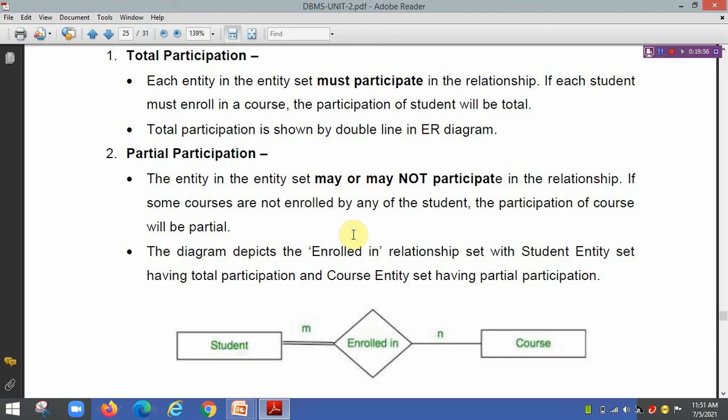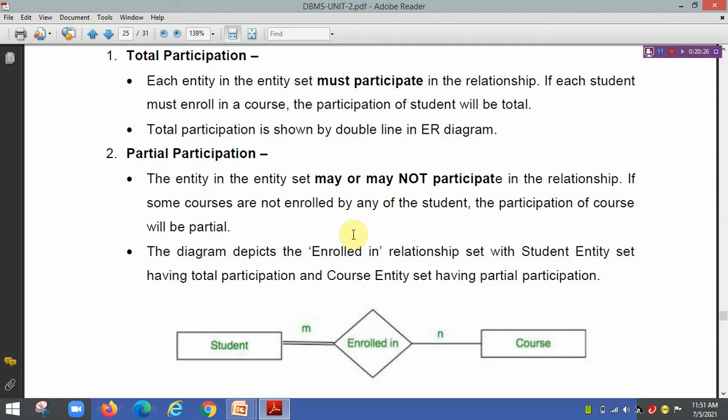Just like in your college, the CDTP course and the Tally course are not compulsory courses. If you want to join, then you can enroll. If you are not interested, then you cannot enroll in that course. But diploma is your regular course. Diploma study is your regular course.